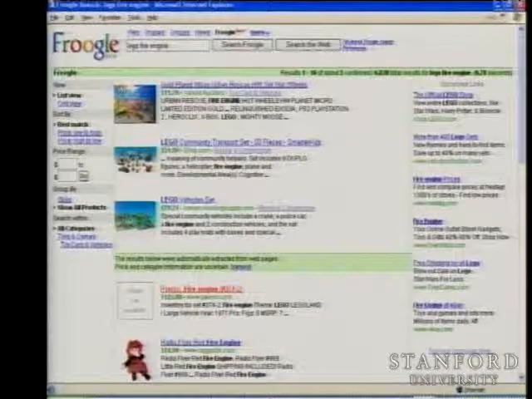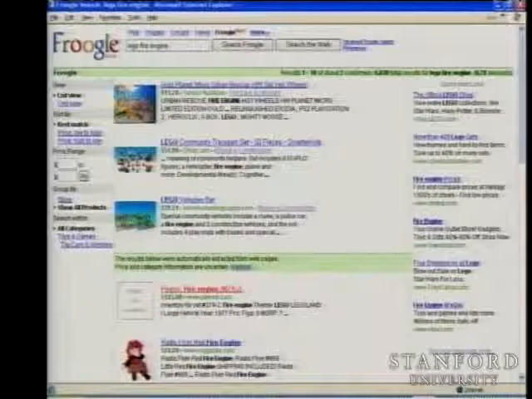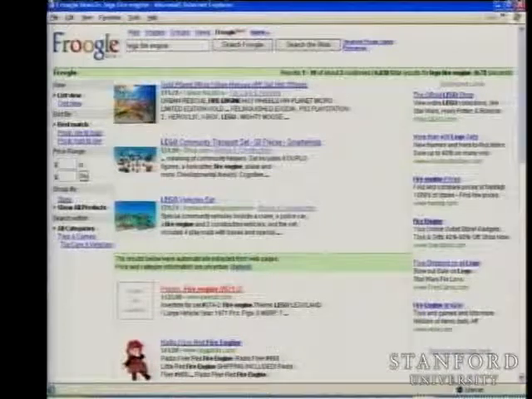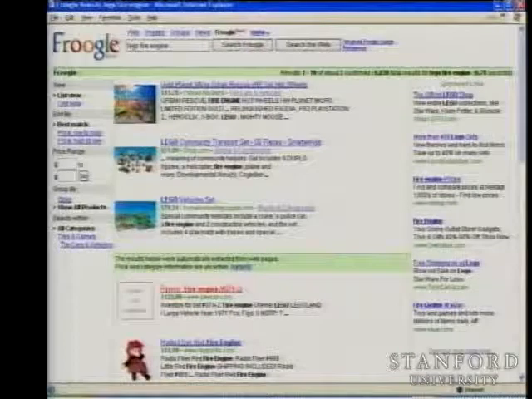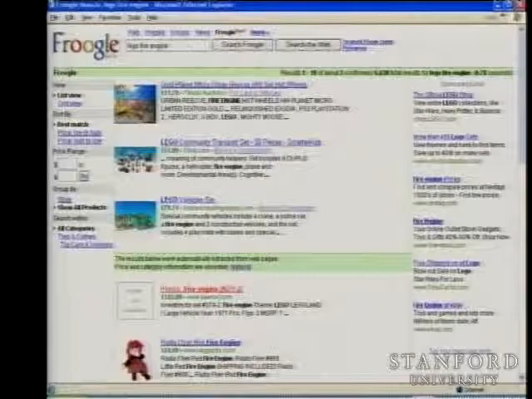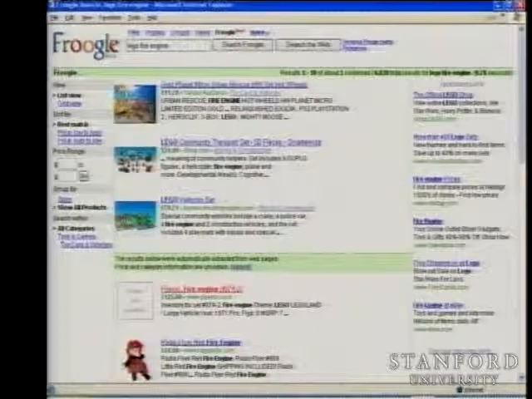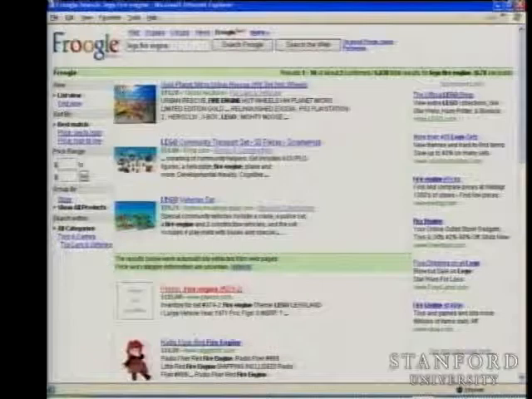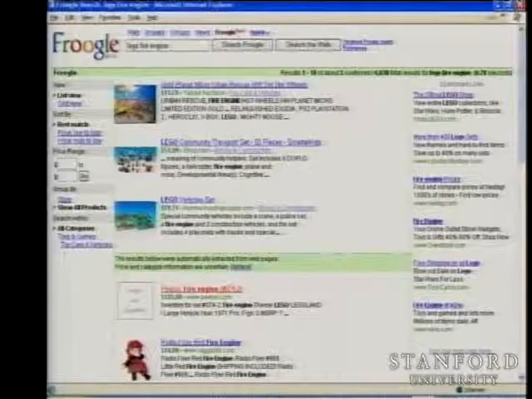I put in here Lego Fire Engine, and it will give you some results. And these results aren't very good. If you look at it today, the results are slightly better. But in the old days, if you looked down your results, you got to this green bar where it says the results below were automatically extracted from web pages.